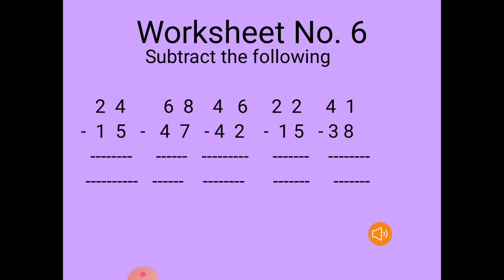Before completing our session, let us have a look at our worksheet number 6. Our questions are like this. Subtract the following: 24 minus 15, 68 minus 47, 46 minus 42, 22 minus 15, 41 minus 38.